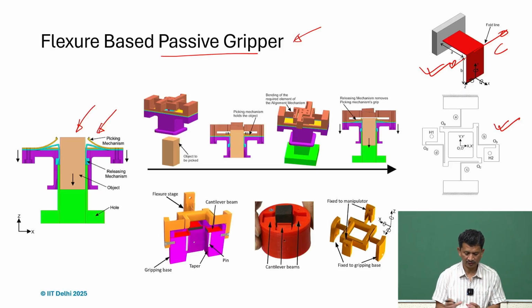So we can place it, it can move around, and even for picking we use this kind of cantilever structures, and it can push and we can grip it, and when we want to release we can push it with another part and it can be released.